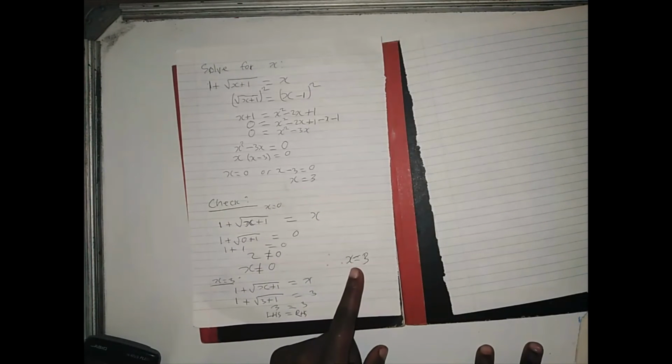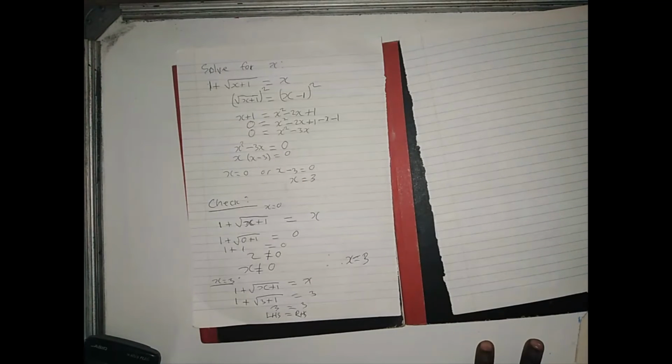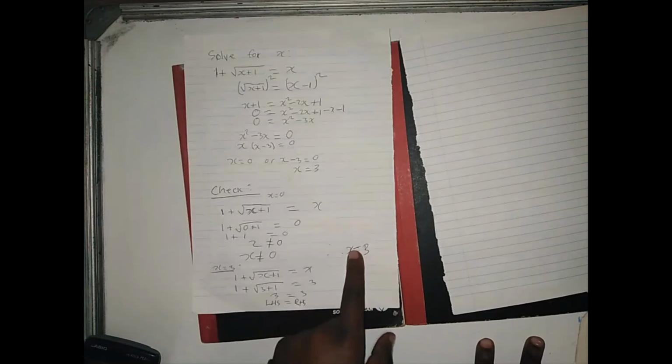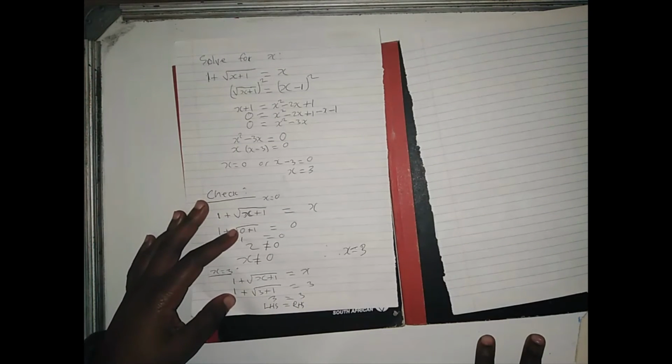You can't just have two solutions and then pop out of nowhere and say x is equal to 3. How do we know that? So please do check on an official paper, so that if it happens that one of the solutions doesn't work, you will have a substantiation of why you are saying so. All right.